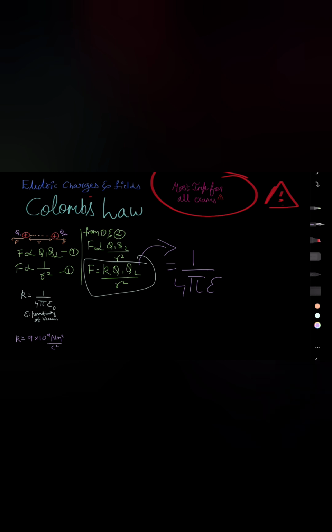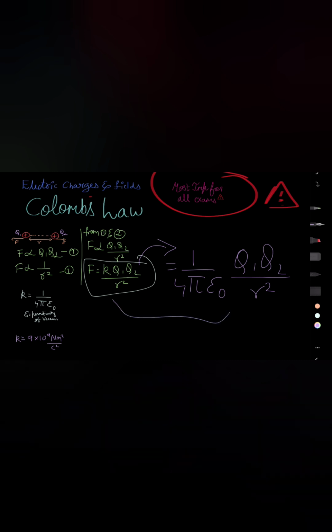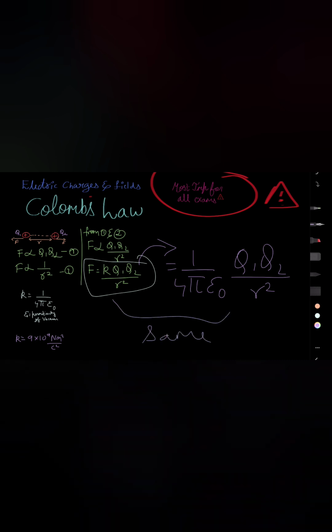So the force between the two charges is 1 by 4 pi epsilon naught q1 q2 by r square. It is nothing but k q1 q2 by r square. These two are same.